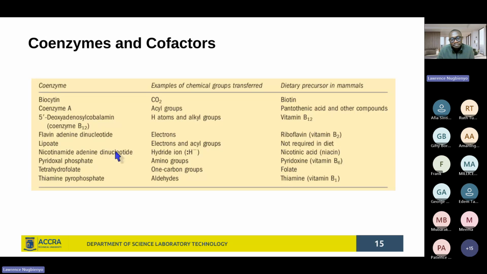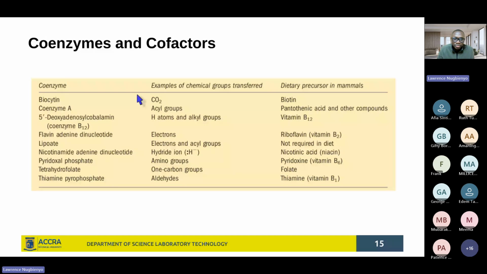And they are mostly some vitamin Bs. Mostly, you find them there. As we go through now, you see that there are some different forms of vitamin Bs that we are talking about. So we see biocytin, the first one, biocytin, the first coenzyme.